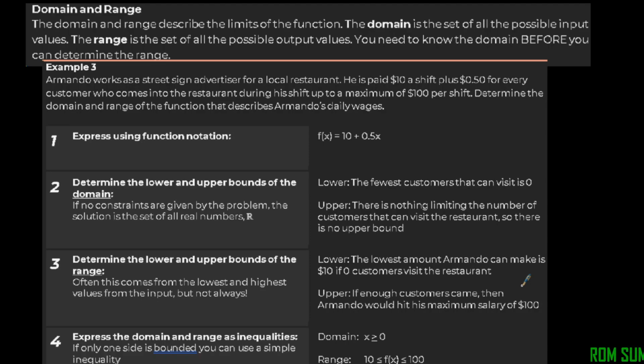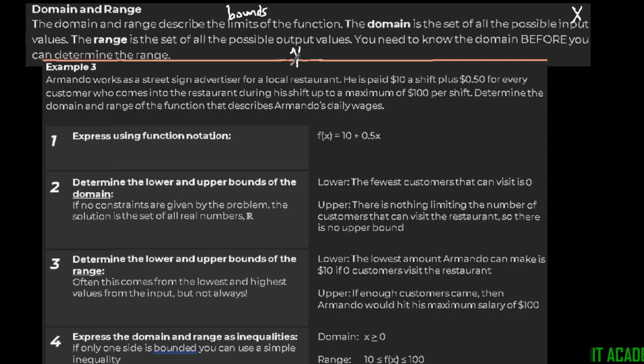This is really simple. The domain and range describe the limits of the function, meaning the bounds. What I mean by that is the domain is the set of all possible input, meaning x values, and the range is the set of all possible output values.